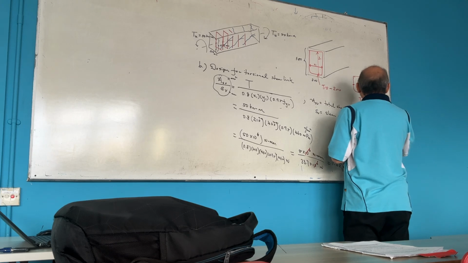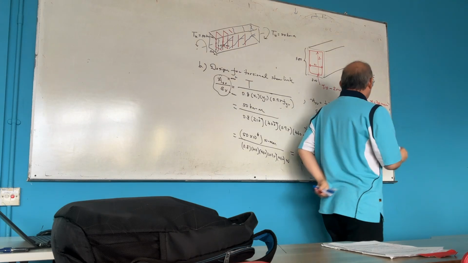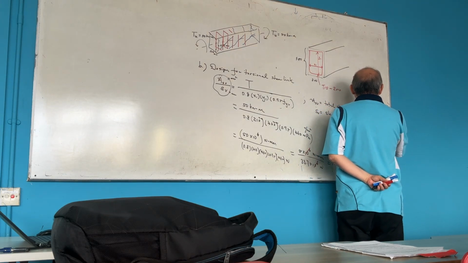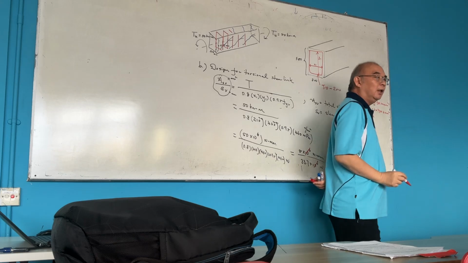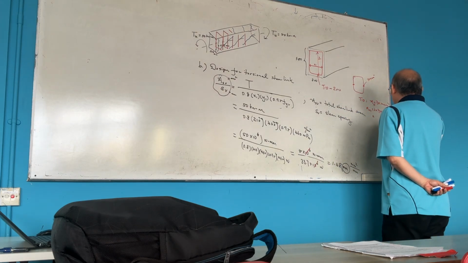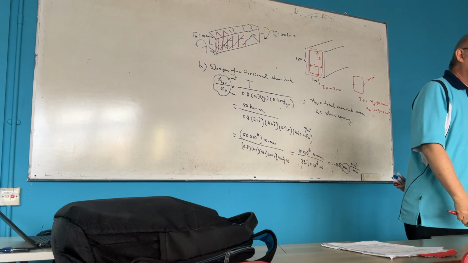So this is A10, area of T10, is equal to 78.4, meaning that ASV is equal to 2 times 78.4, 2 legs, millimeter square. So this is 78.4 multiplied by 2, which is 156.8.